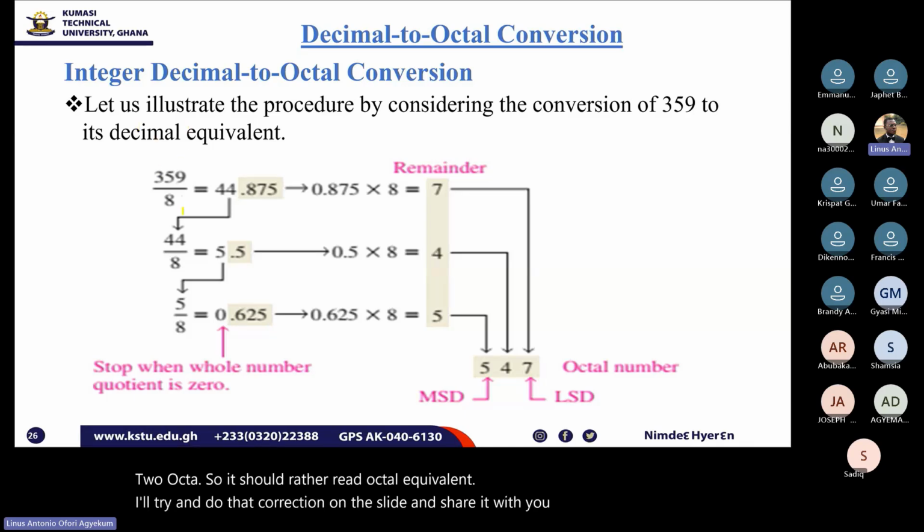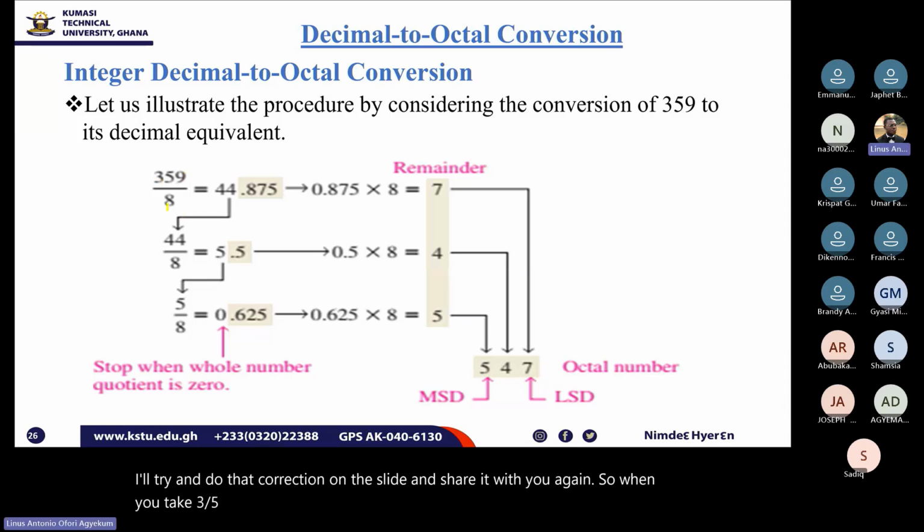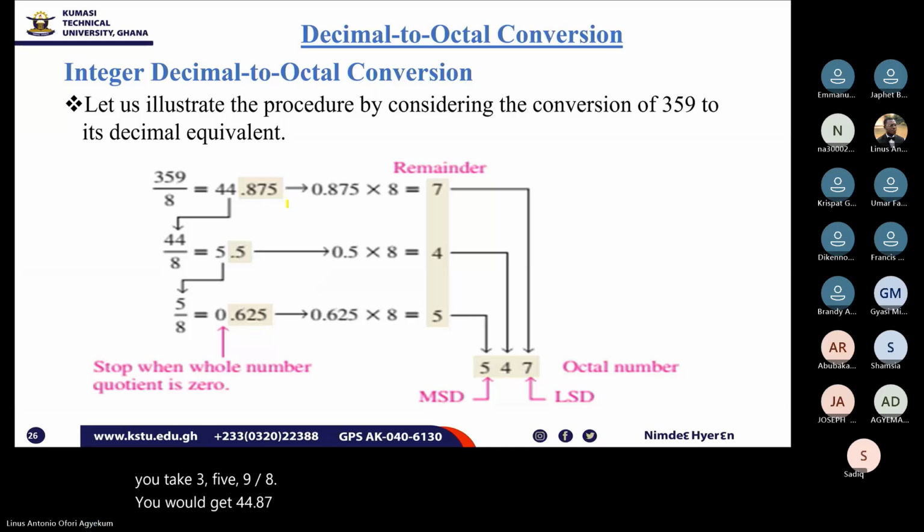So when you take 359 divided by 8, you would get 44.875. Now we take the 0.875 and multiply it by 8.